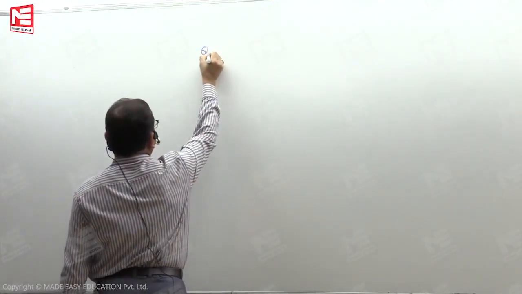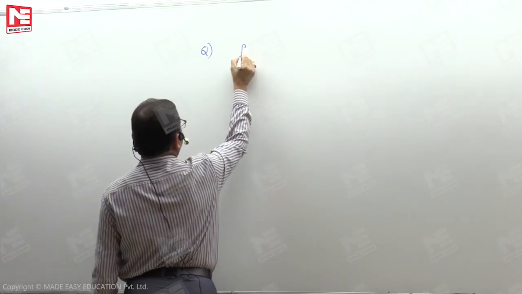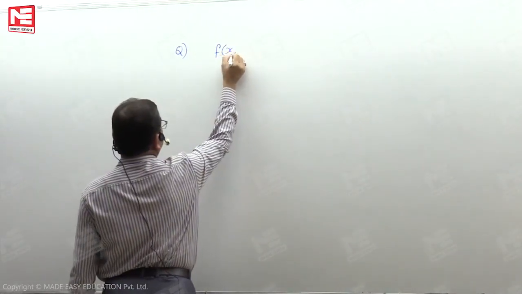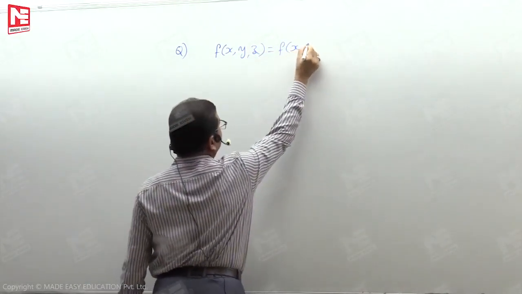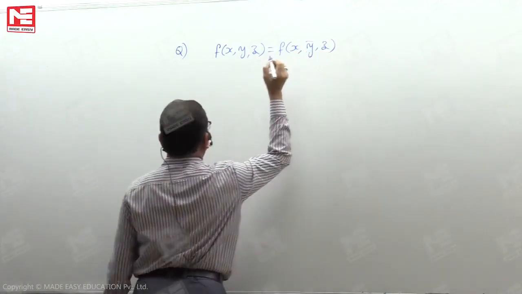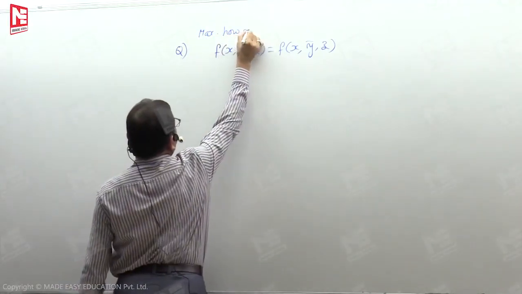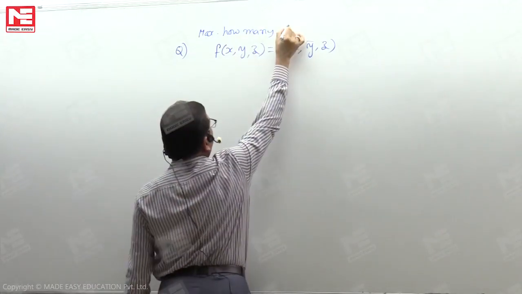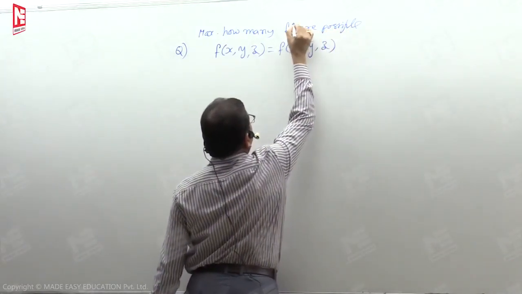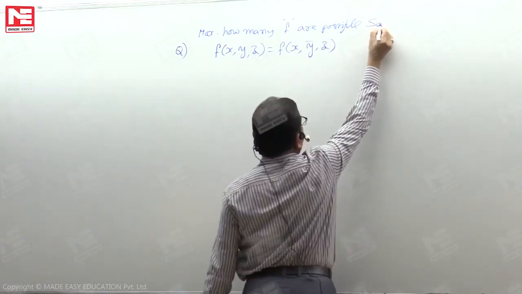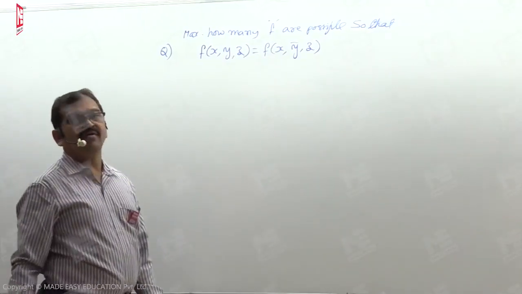The question was, maximum how many functions are possible so that f of x y z is equal to f of x comma y complement comma z?